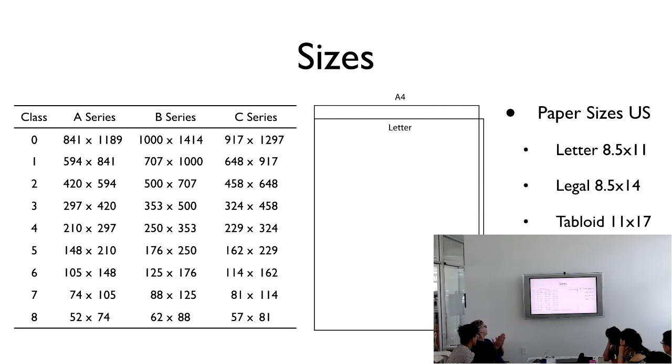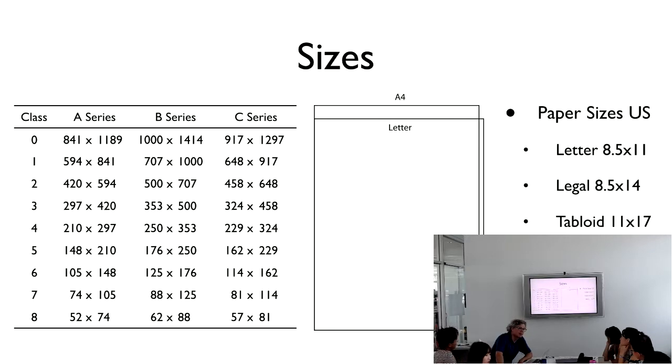Another question. We know A4, but there's also B4 and C4. What is that used for? Never used it, so don't know. So what is B4 or B5 or B6? B for British, nice? No, it's as boring as ABC.